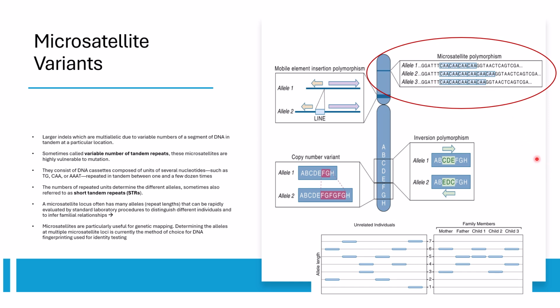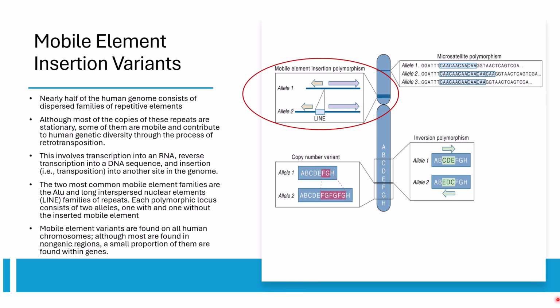They have high importance in clinical applications, especially in genetic mapping and DNA fingerprinting. Another example of larger variants is the mobile element insertion variants.